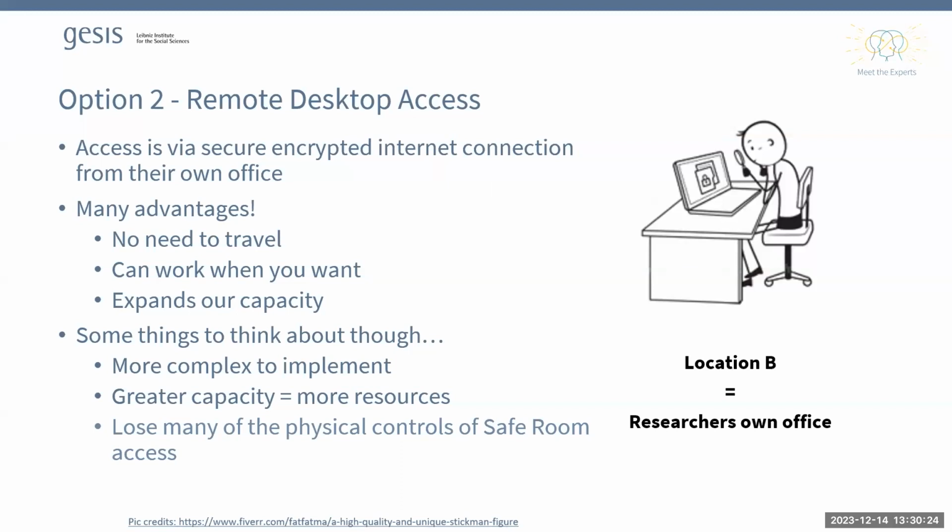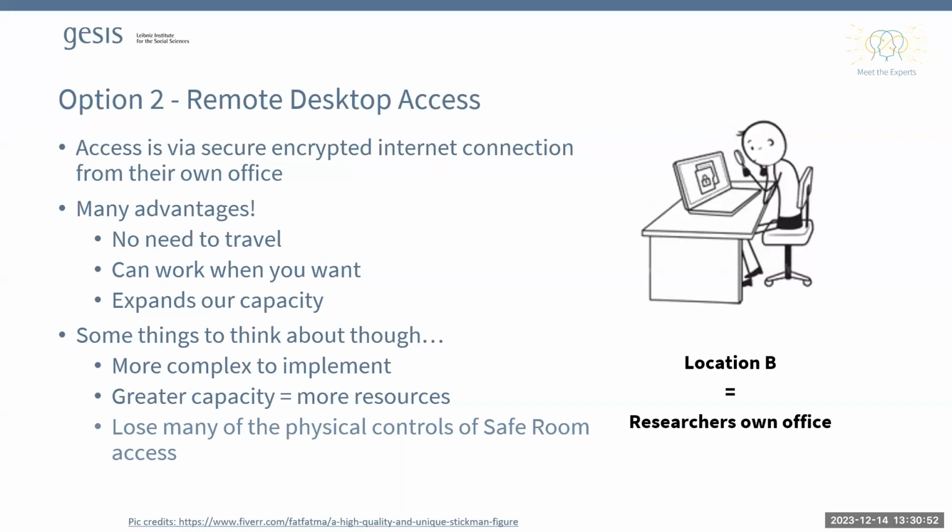So it is an entirely positive step forward. Of course, it's not quite that simple. The reality is remote desktop access is actually really complex to implement in terms of the technical development that's needed, but also the legislative, the processes that we have to put in. And this really is because we lose many of the physical controls that we're able to have with safe room access.